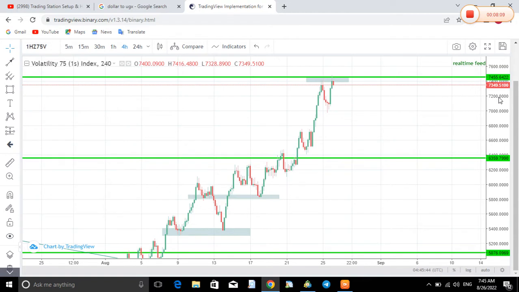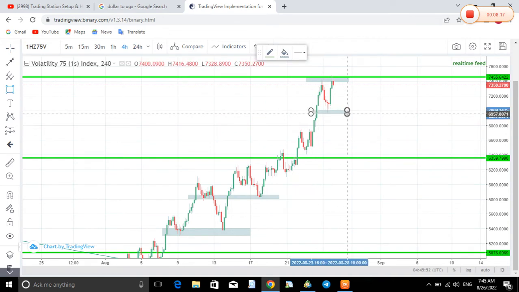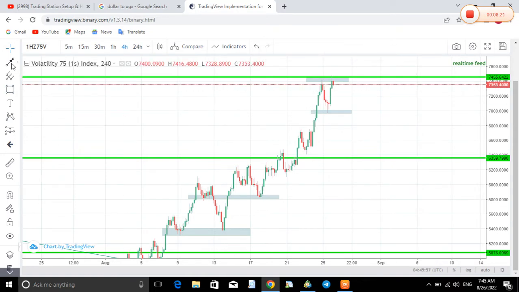So clearly we anticipated at any time at least the market must drop, coming back to this recent higher low before we see the price shooting back, moving, making another new higher high.